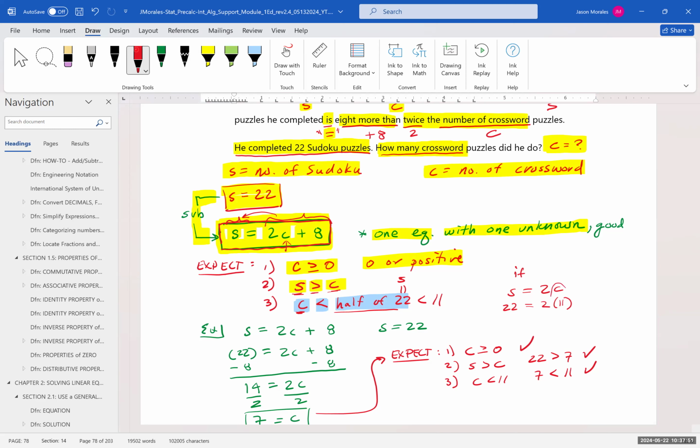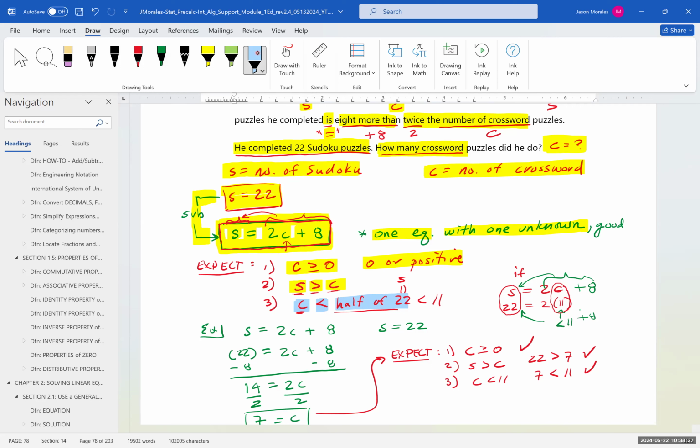So the number of crossword puzzles would be half the number of Sudoku puzzles if this was all we had. But now we need to take whatever number of crossword puzzles we've got, not only double it, but add 8 to that, so that all of this equals the number of Sudoku puzzles. So this value isn't going to be 11. It's going to be less than 11, because we need to add 8 to whatever that number is in order for it to equal 22.